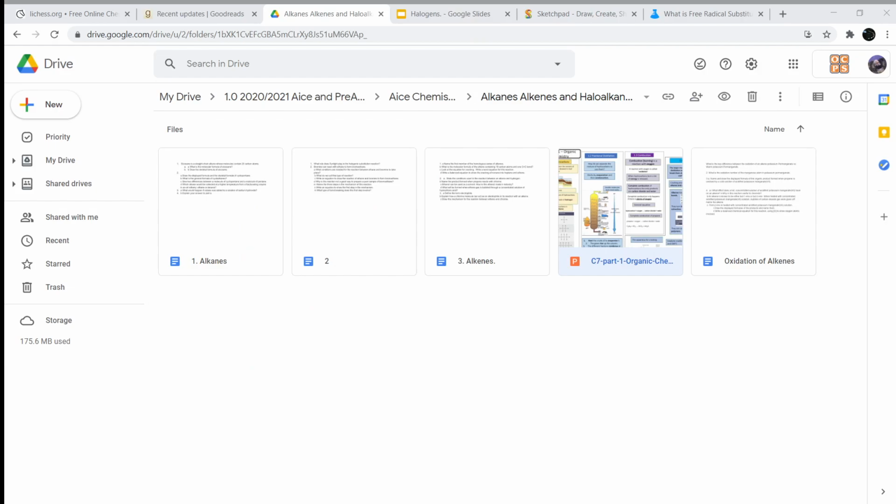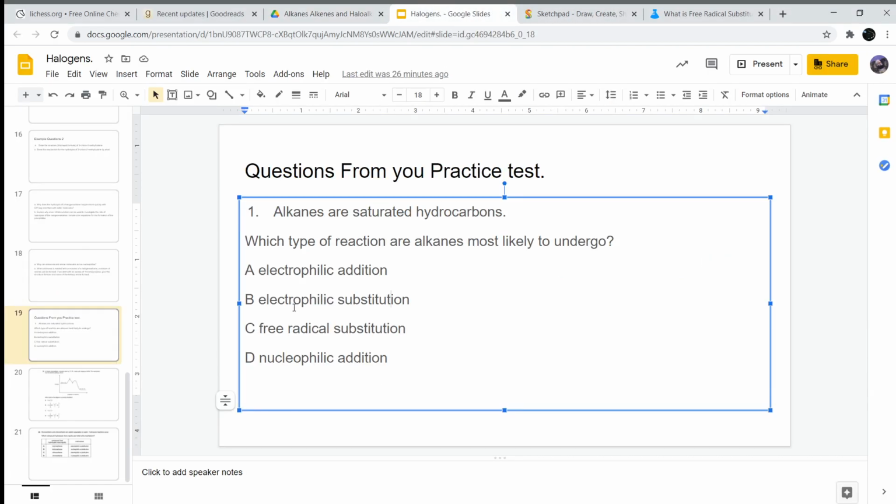All right, so we have all of our additions. We automatically know that they're saturated. We cannot add any more to it. So that leaves us just our substitution questions. When we have a substitution question, we're then going to have to look to see, is it going to be a nucleophile? Is it going to be an electrophile? Or is it going to be a free radical?